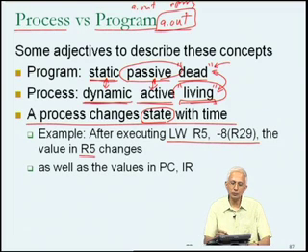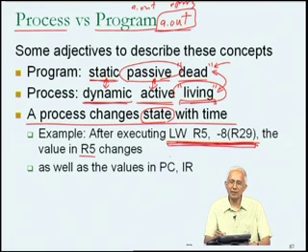Now, in addition to changing the value of R5, you will remember from our execution of the hardware that the execution of this particular instruction also causes the program counter value to change and the instruction register value to change. Remember, the first step in executing this instruction was to fetch it.